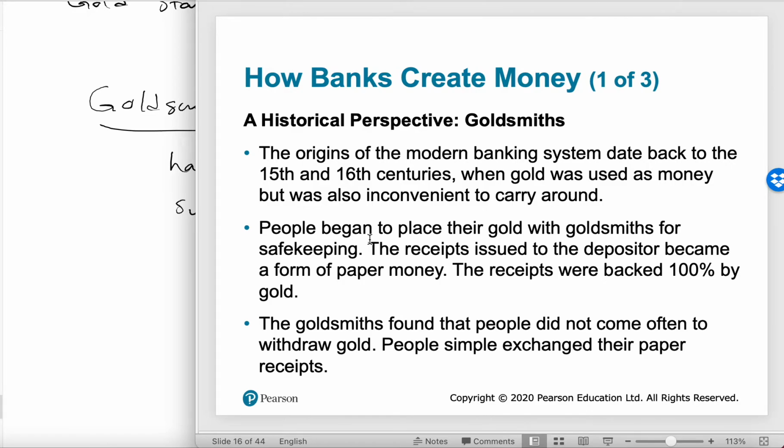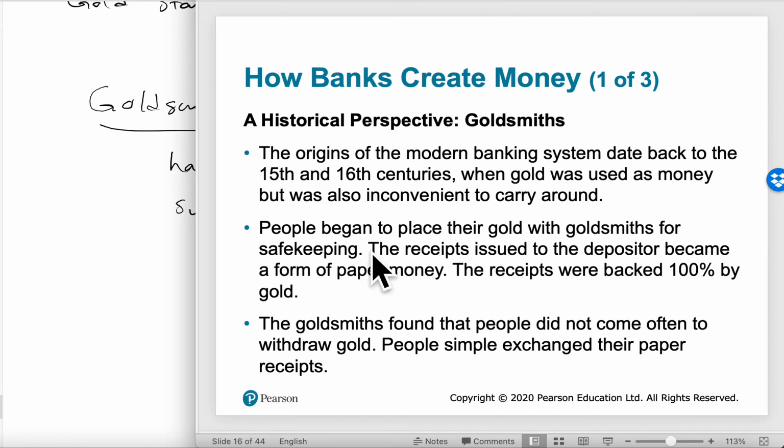So people began to place their gold with goldsmiths for safekeeping. If they wanted to travel, the goldsmith had branches in other cities. He said, okay, give me your gold and I give you a paper, a receipt, and whenever you come to this shop or any other branch of mine in another city, I will give you exactly the same amount of gold.